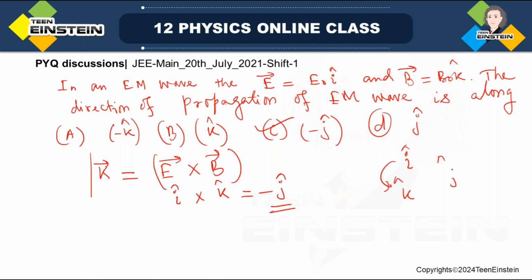So option C will be the correct answer for this question. This was a really simple question, and it is a question from a JEE Main paper. All right, we'll go for the next question.